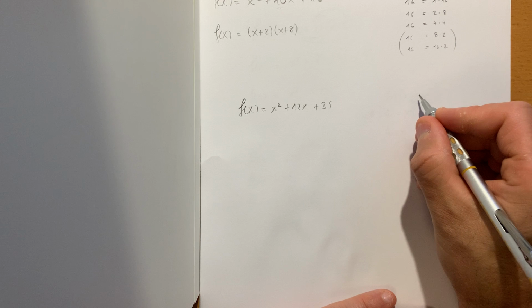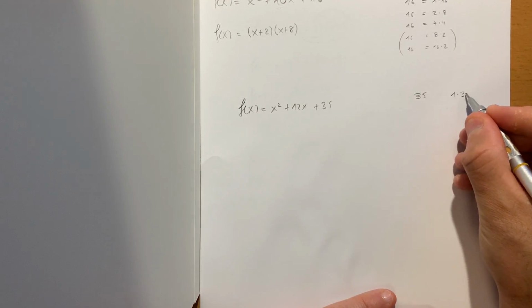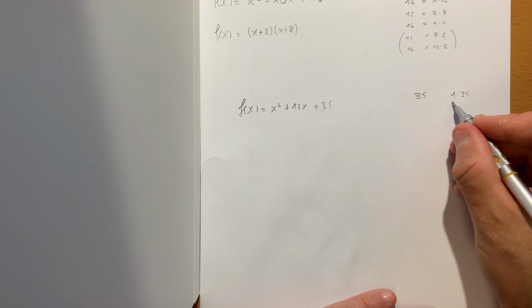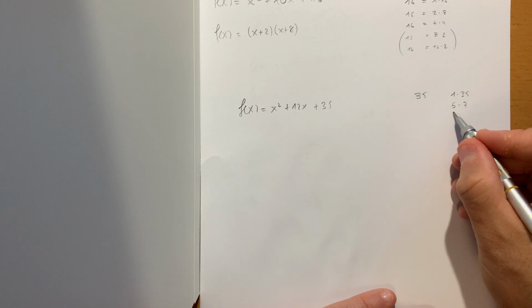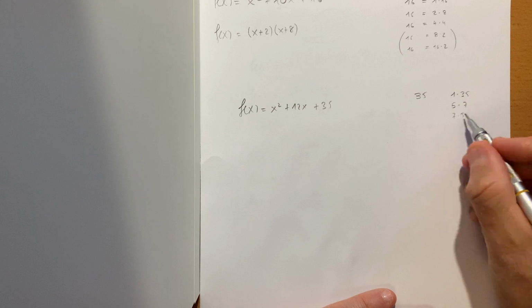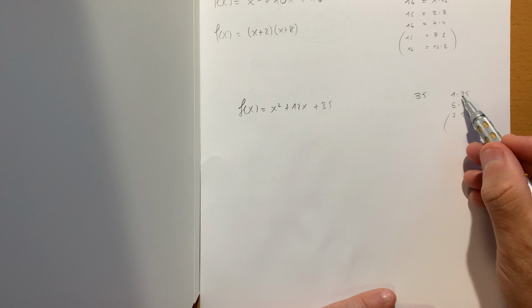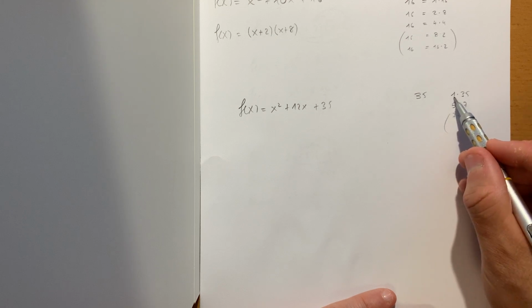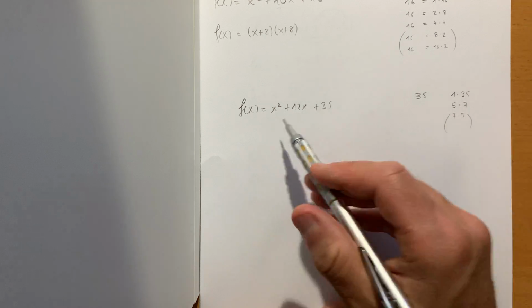You say, well, 35 can be made by multiplying 1 times 35. 2 times, not an integer number. 3 times, not possible. 4 times, not possible. 5 times 7. And then it will be 7 times 5, so not needed, okay? So it has to be one of these two pairs, okay? Either it's 1 times 35 or 5 times 7.